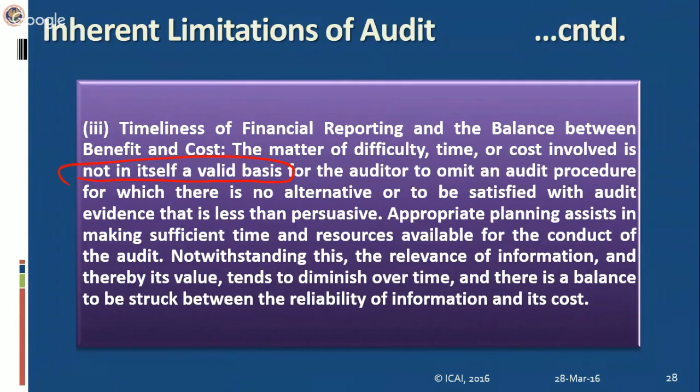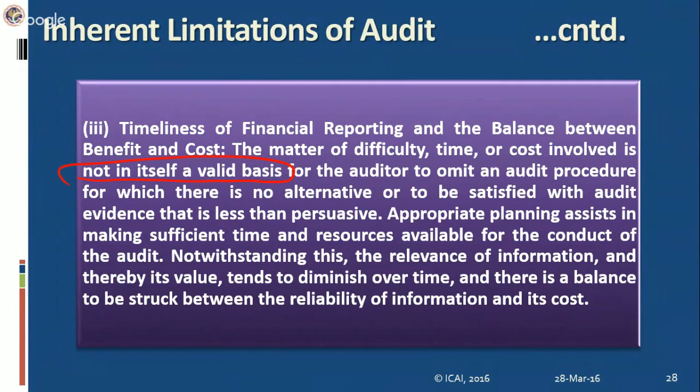Students, this will not be a valid basis for the auditor to omit an audit procedure. This is a very important point which you need to understand. On this basis, he cannot omit an audit procedure for which there is no alternative. This is very important, for which there is no alternative. Or to be satisfied with audit evidence that is less persuasive, which is not very solid audit evidence I am encountering.